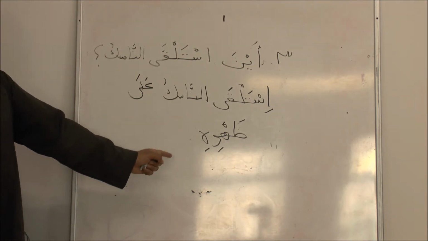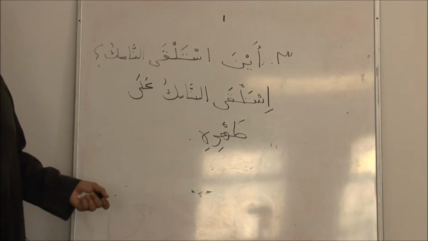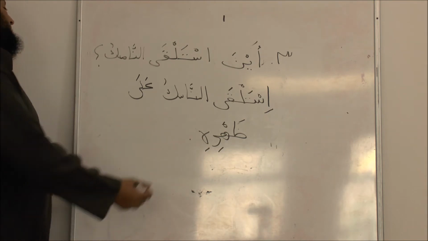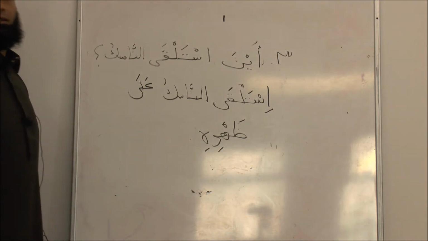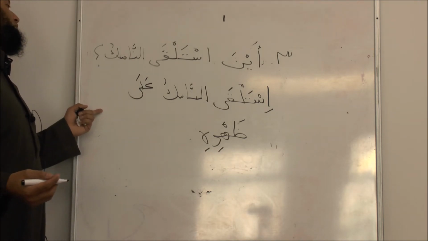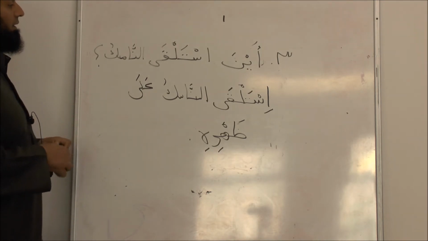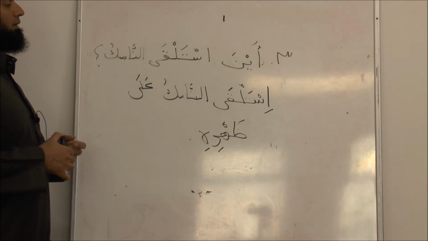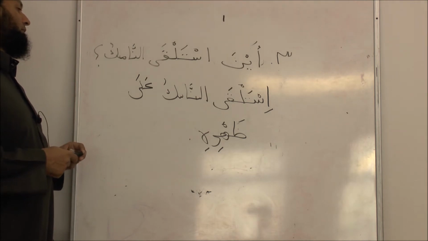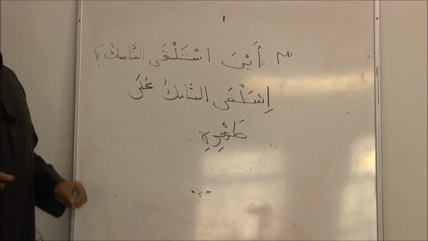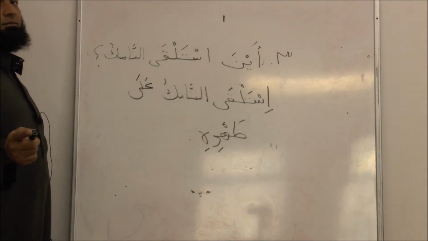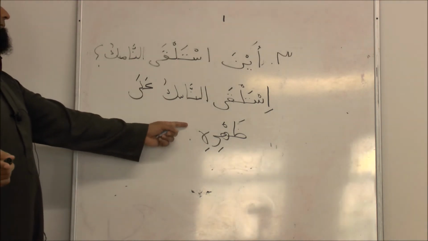ظهر means back, ظهره means his back. ظهره is مجرور because of the effect of the harf jar على. Ordinarily it would be mansub because it's the object, but because of على it's changed to majrur.